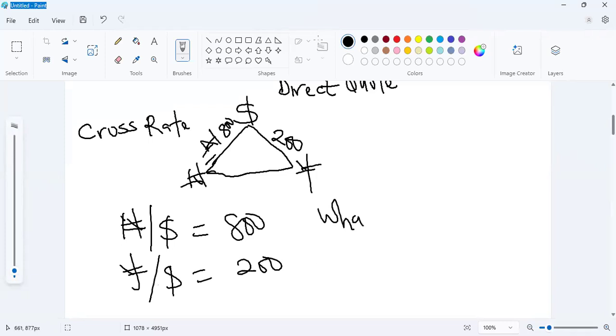What is naira to yen? This is the cross rate now.